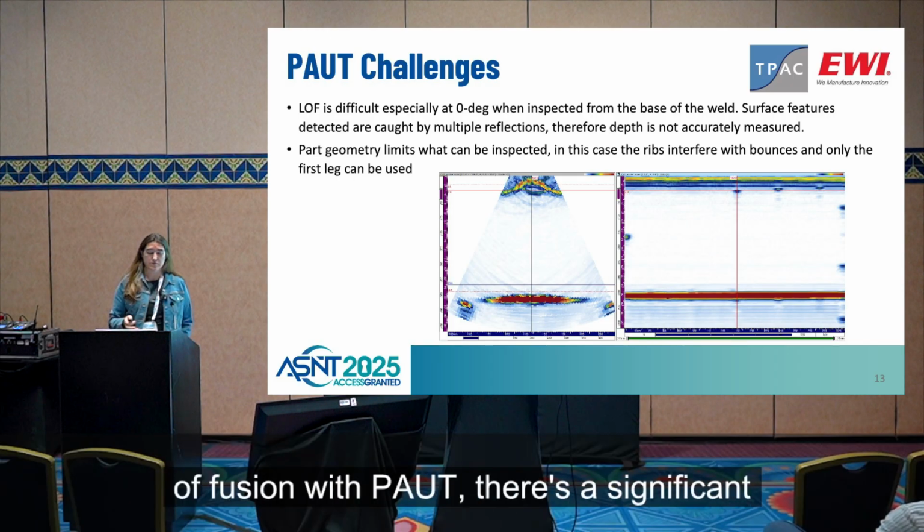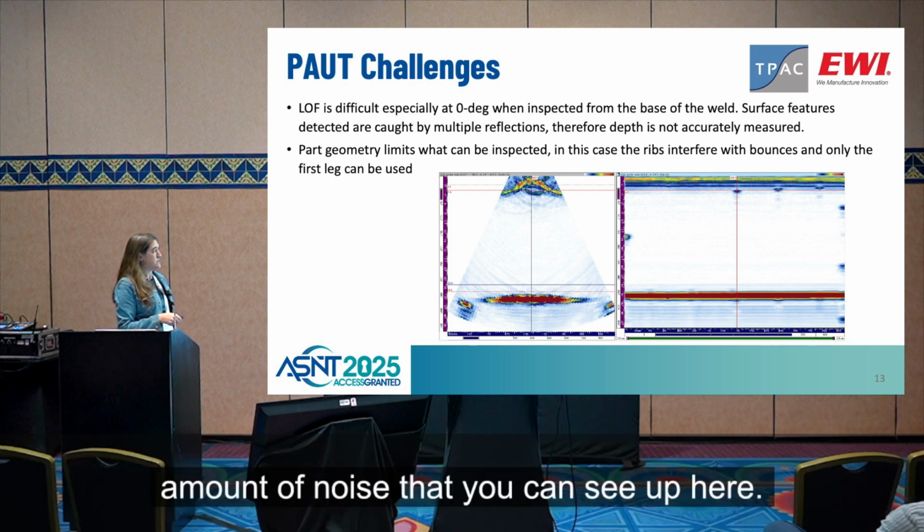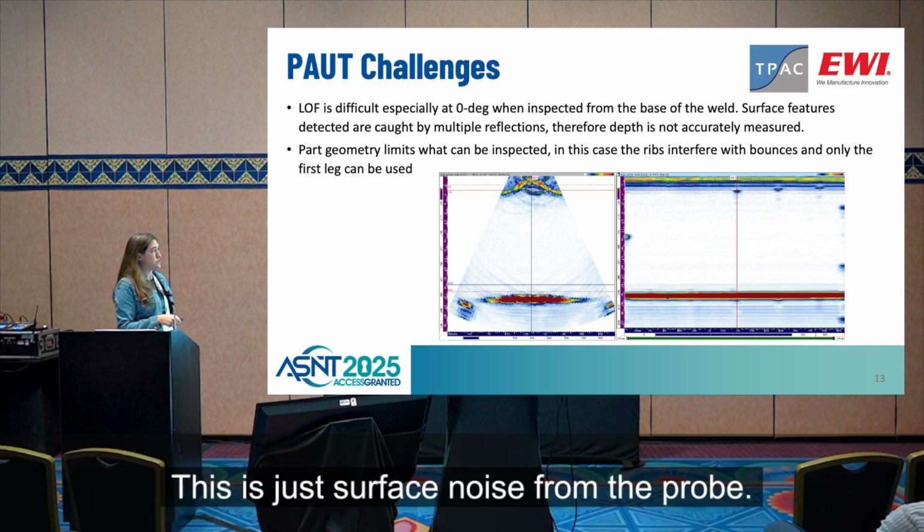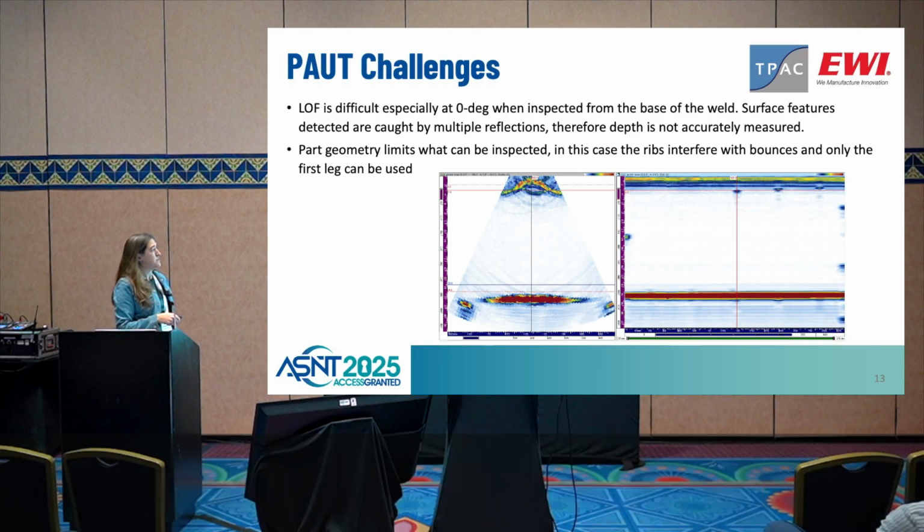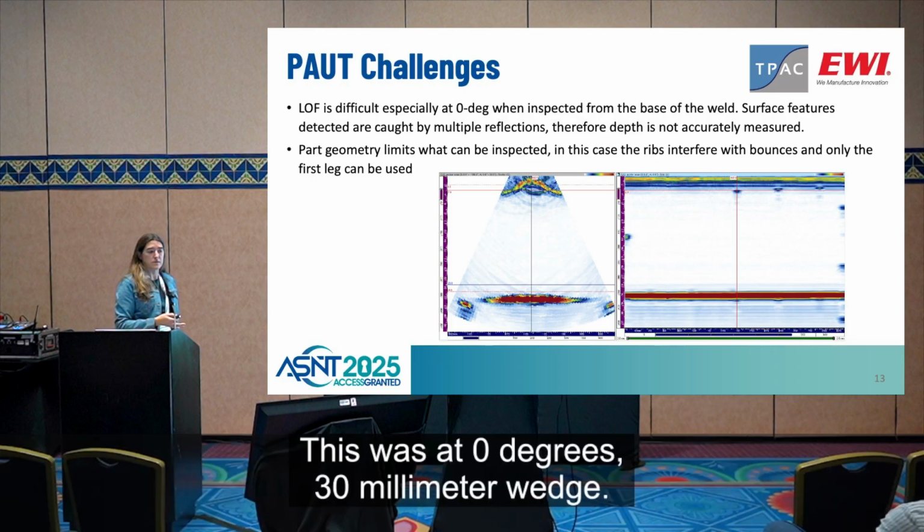Before we go to that part, I'm sorry I'm jumping around, but for phased array, when we look at this weld with lack of fusion, with PAUT, there's a significant amount of noise that you can see up here. This is just surface noise from the probe. This was at 0 degrees, 30 millimeter wedge.